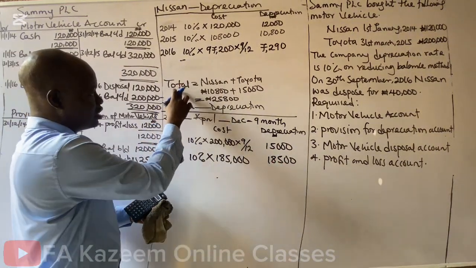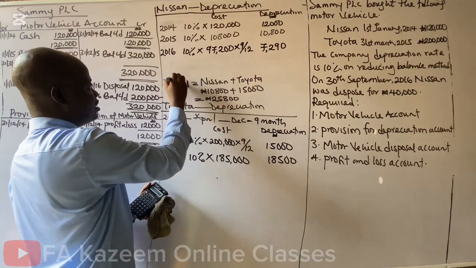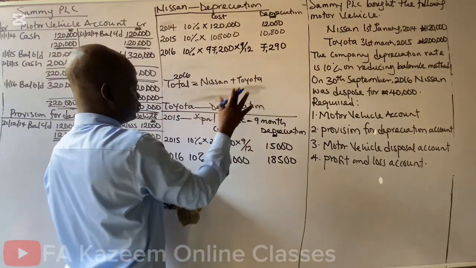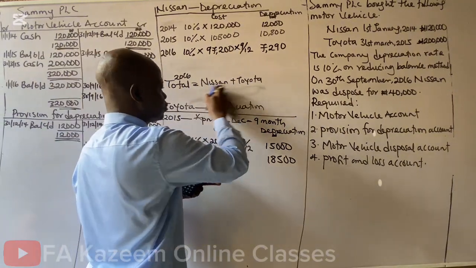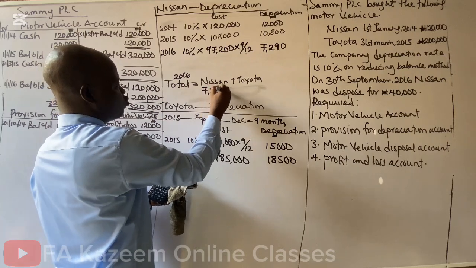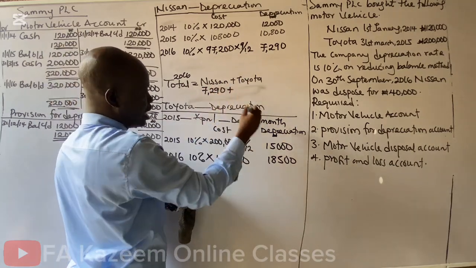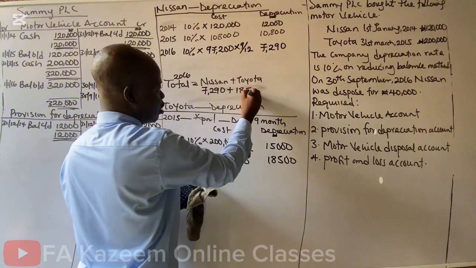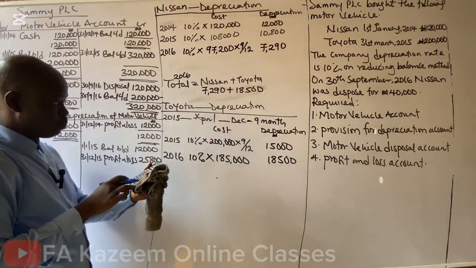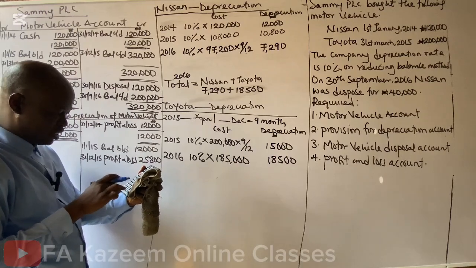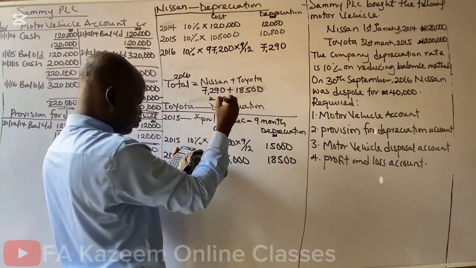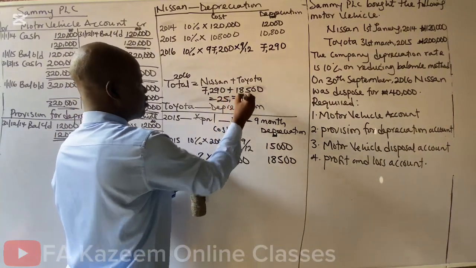What do we do again? Let's find the total in 2016. In 2016, Nissan was 7,290 plus Toyota 18,500. We now say 7,290 plus 18,500. That will give us the total amount set aside in 2016, which was 25,790.